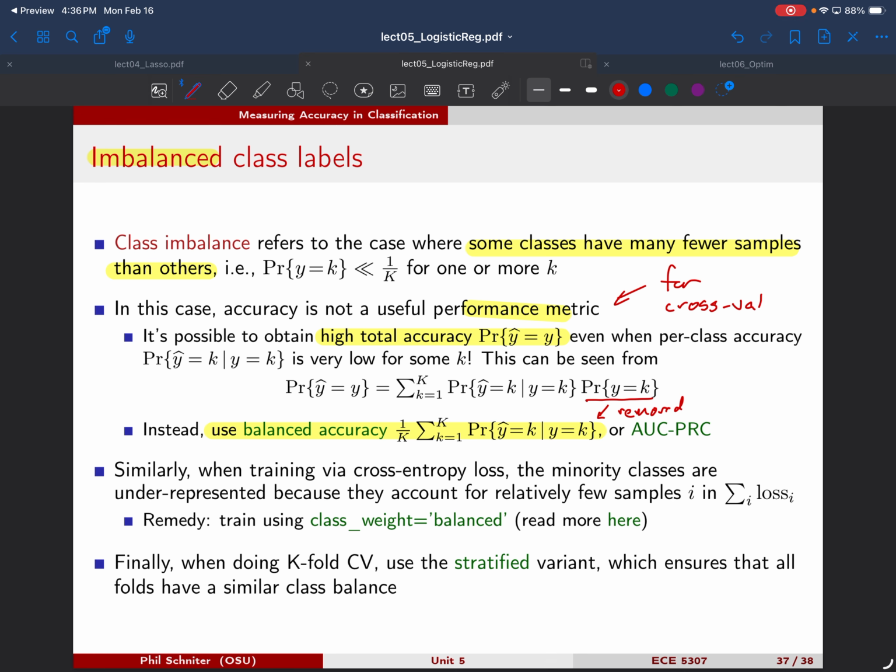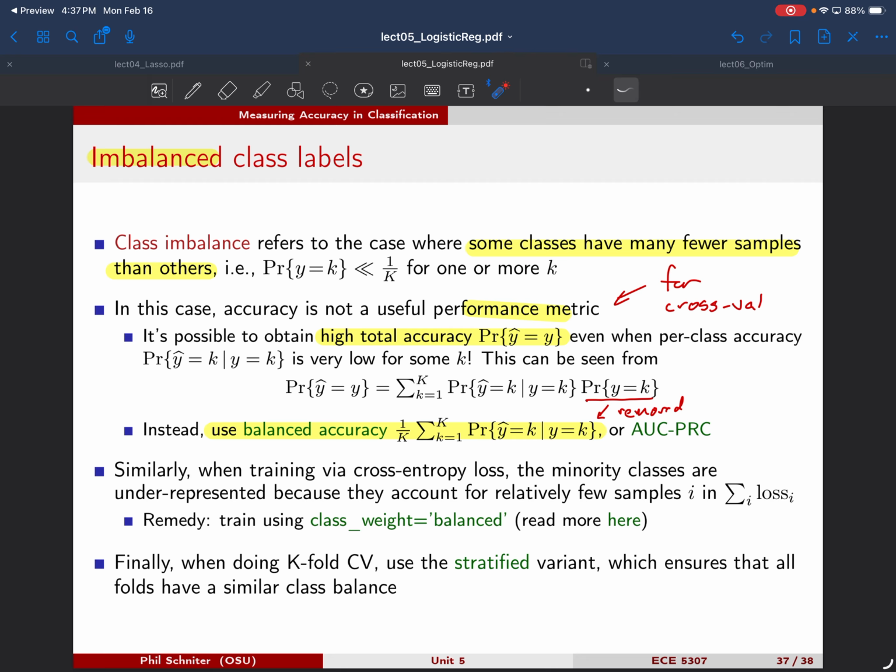Okay, now let's think about the training. There is something we can do during training. When we train via cross-entropy loss, or really all the losses we've talked about, we're always averaging or summing over the samples i in our data set. But if 0.999 of my samples are one way and 0.001 are different, when I average the loss this way, it's not really taking into account those minority samples very well.